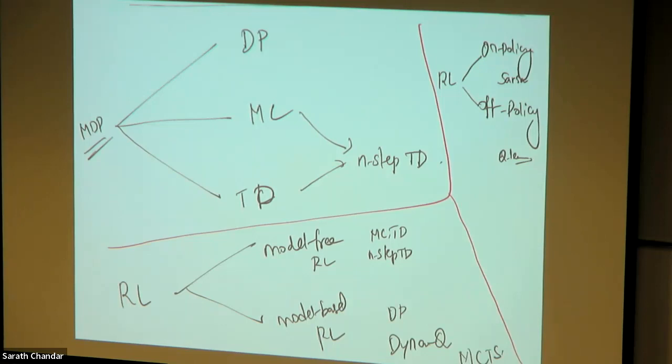For example, if you have a good off-policy algorithm, then you can reuse your past experiences. If you think about why traditional machine learning, like supervised learning, is extremely successful right now, it is mainly because of the data.